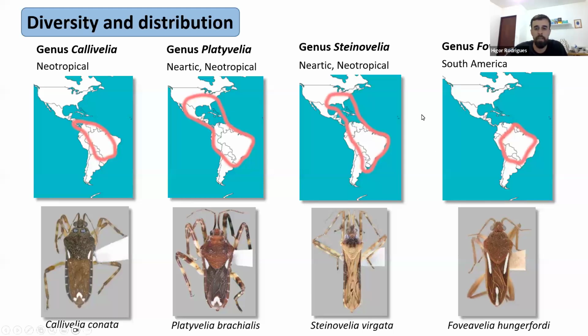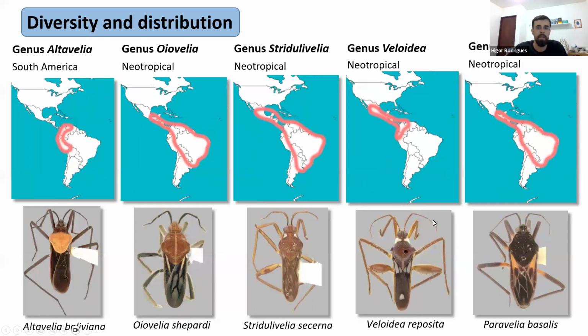Among the American genera, most are restricted to the Neotropical region, with the exception of Platyvelia and Stenovelia, which have records in the northern United States and probably Canada.